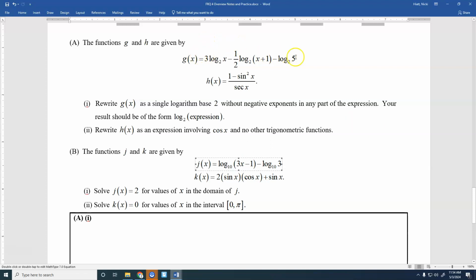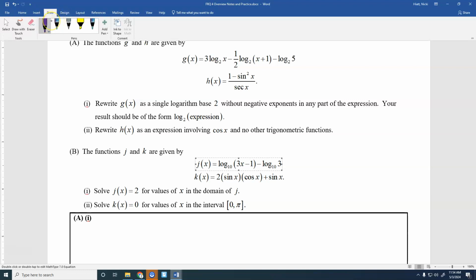But this first one has base 2, obviously. So for A, we're supposed to rewrite it in the form of log base 2 of some expression. So we're combining these together. What would you guys do first on that, if we're trying to put this all together as one log? Yes.